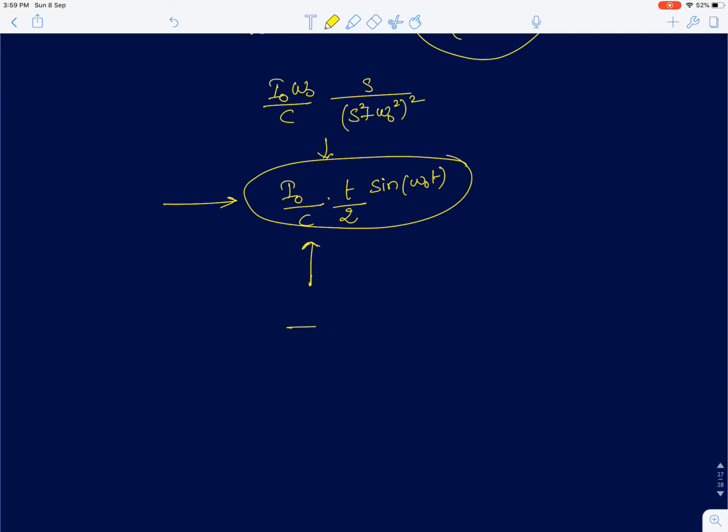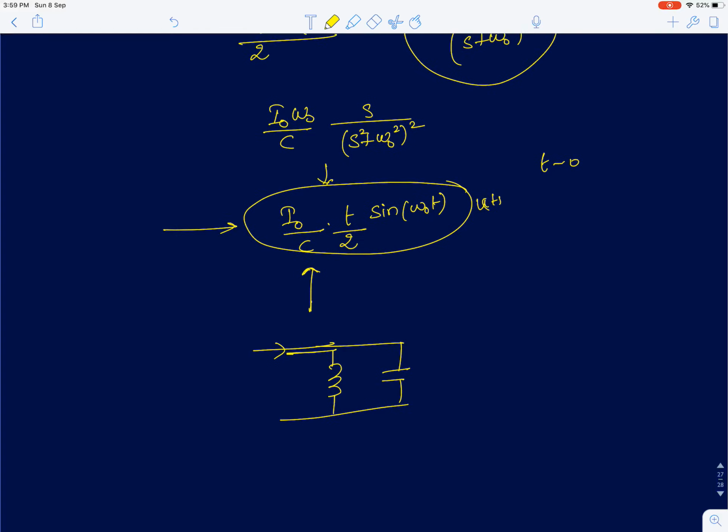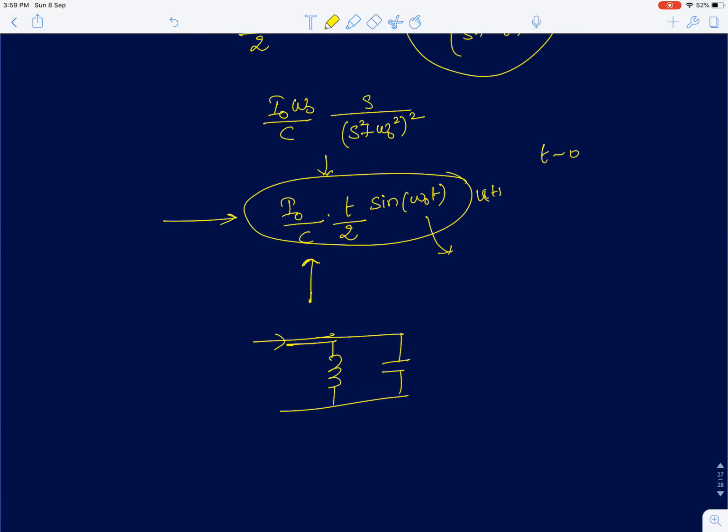The instant you apply a sine wave to the parallel LC circuit, I'll try to analyze this result. Find the value of the result for t very close to 0, the moment the input is applied to the system. At that point, sin x can be approximated as x.